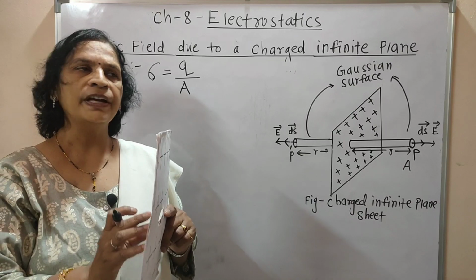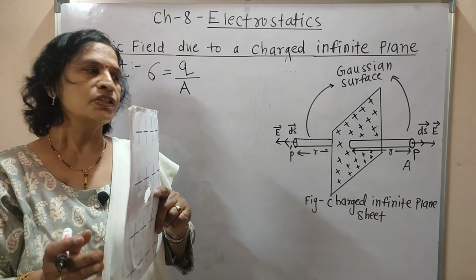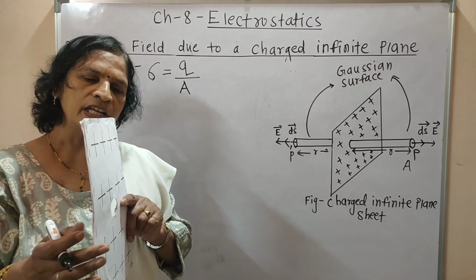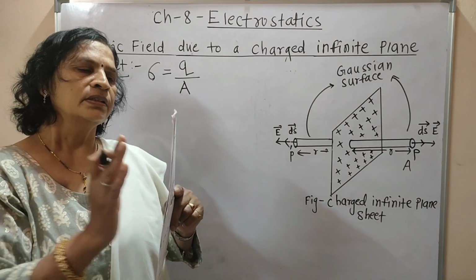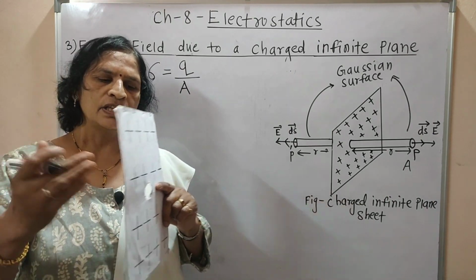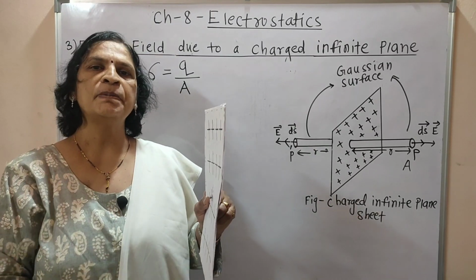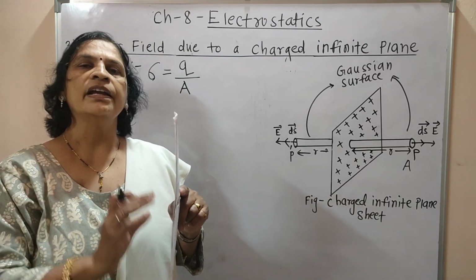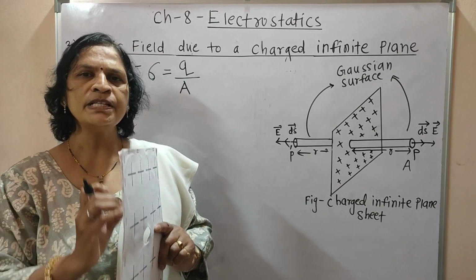Now we have to find the electric intensity due to that sheet. Suppose we have to find the intensity at distance r. The intensity is present on both sides. For this purpose we consider a Gaussian surface, and that Gaussian surface should be symmetrical.